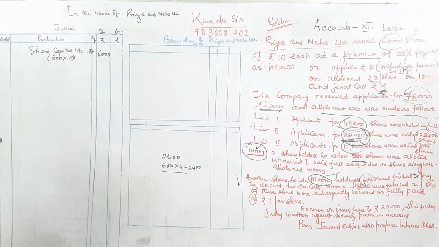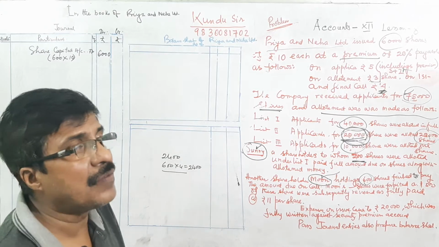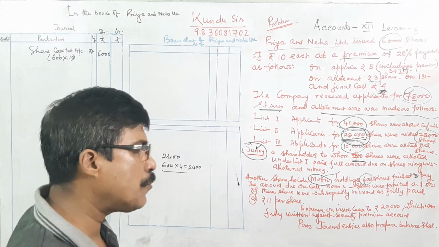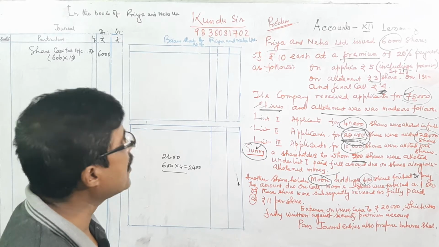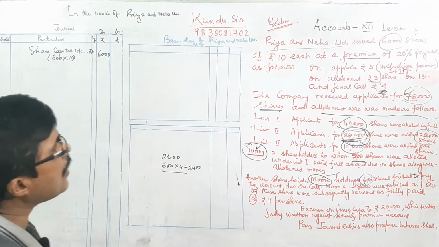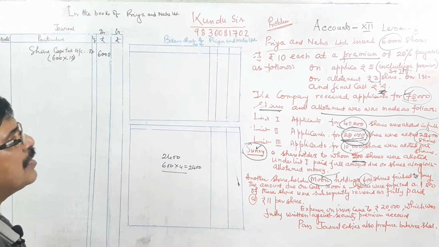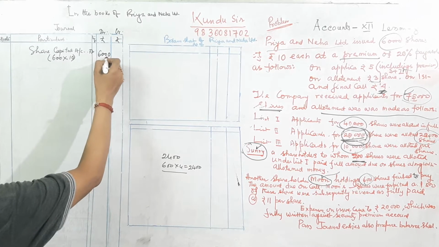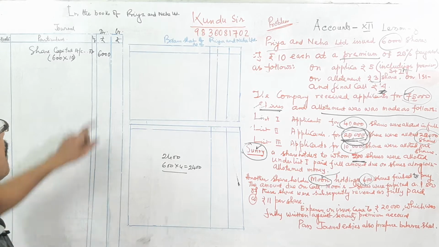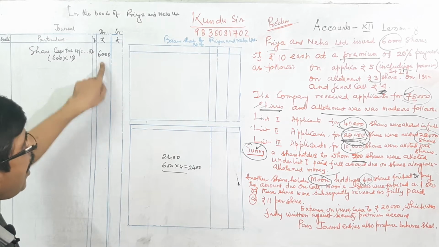In case of non-payment of share premium at the time of forfeiture, the entry is to be reversed. Otherwise, if the share premium is collected, it is not to be disturbed.